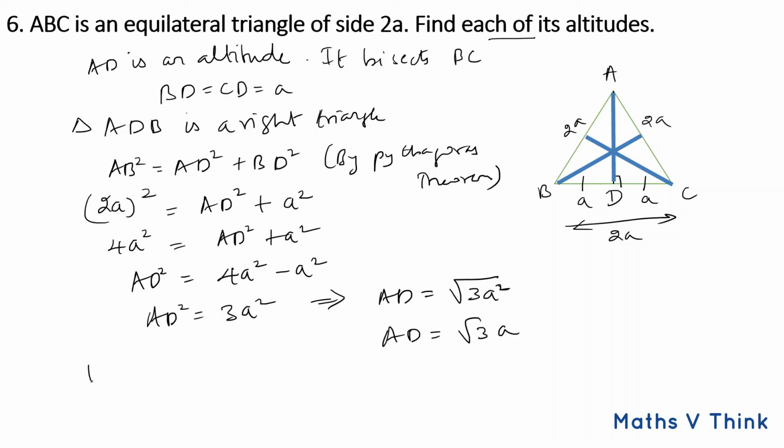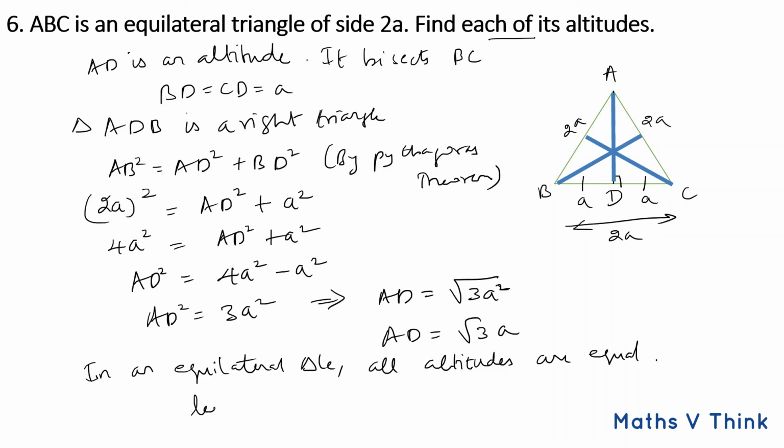So can I tell the length of each altitude is equal to root 3 a. So we found out the length of each altitude, it is root 3 a. So the sixth question completes here.